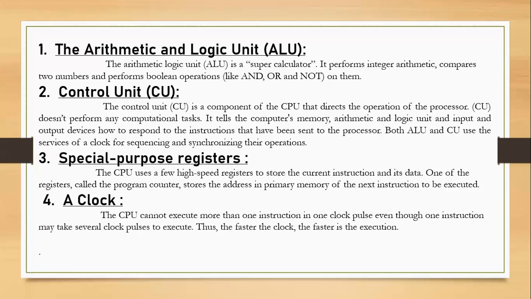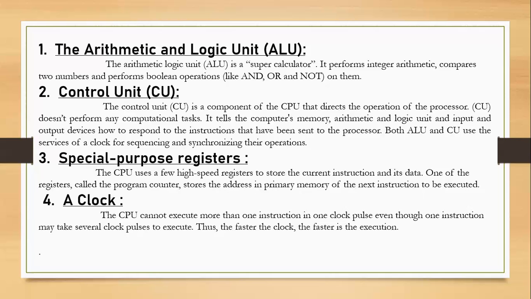So the arithmetic and logic unit is a super calculator. It does all the arithmetic and logical calculations. Then comes the control unit. The control unit is a component of the CPU that directs the operation of the processor. The control unit, that is CU, does not perform any computational tasks.